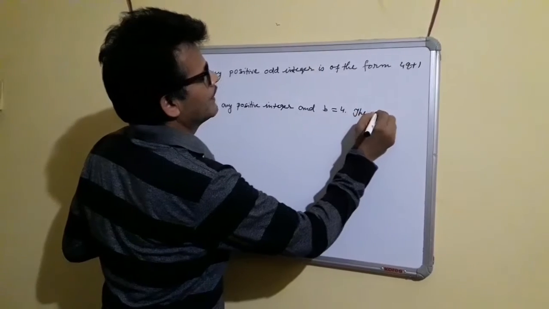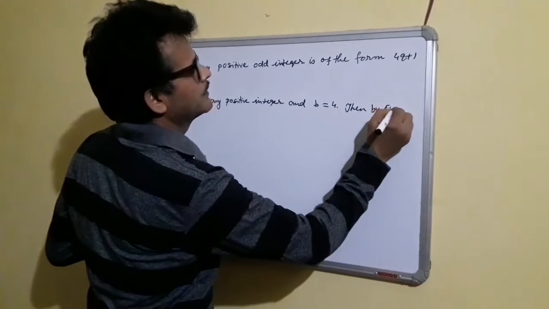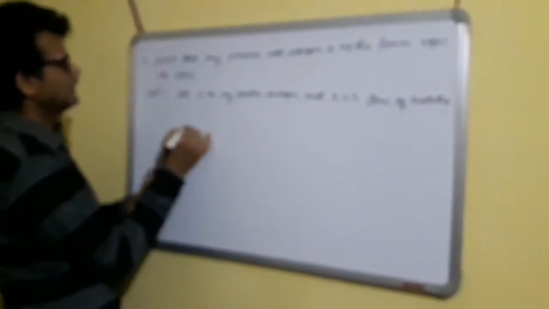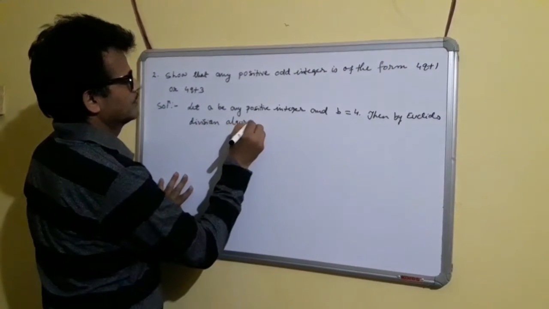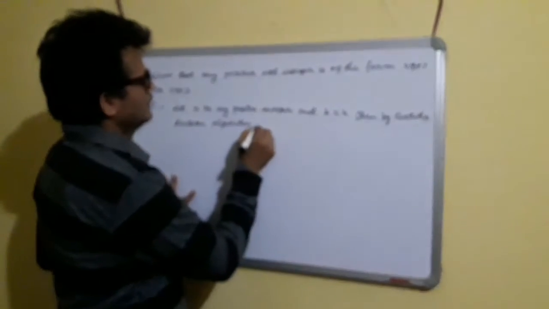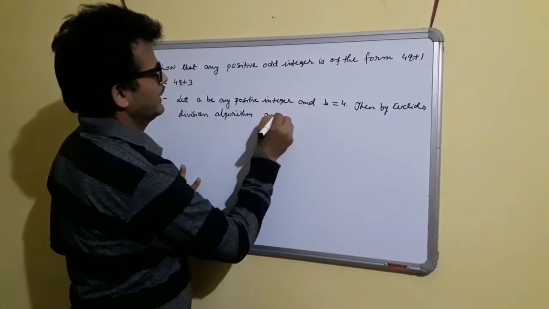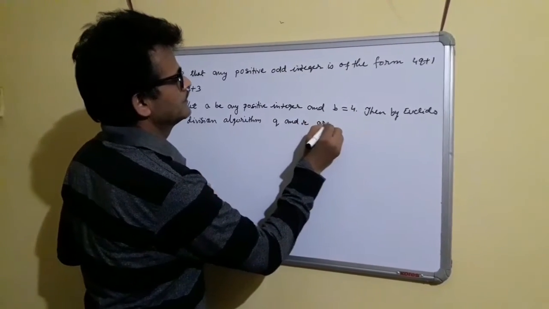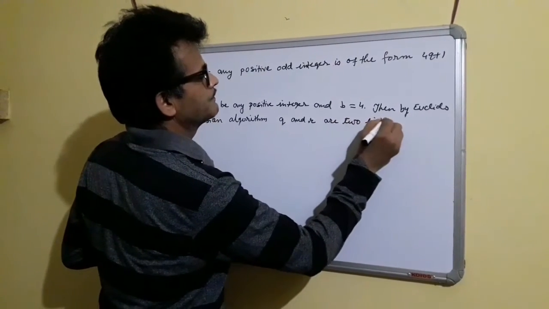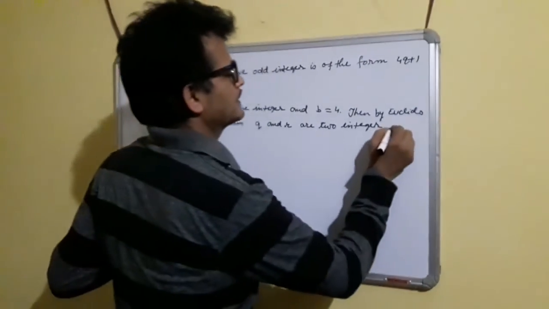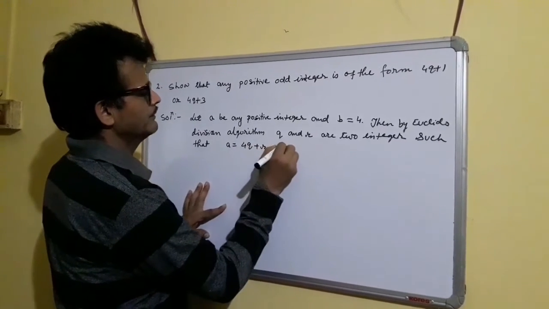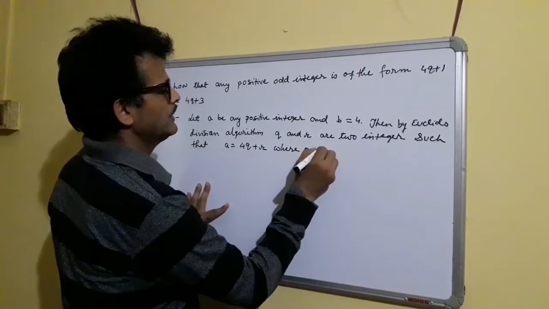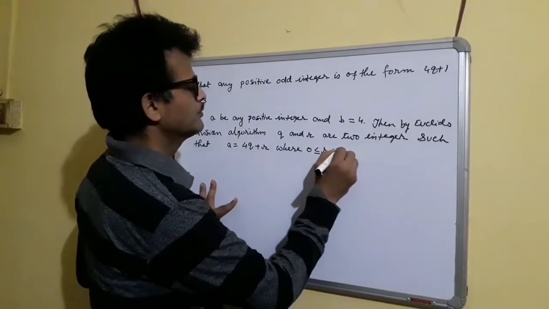Then by Euclid's division lemma or division algorithm, q and r are two integers such that a is equal to 4q plus r, where 0 is less than or equal to r, that is the remainder, and r is less than 4.